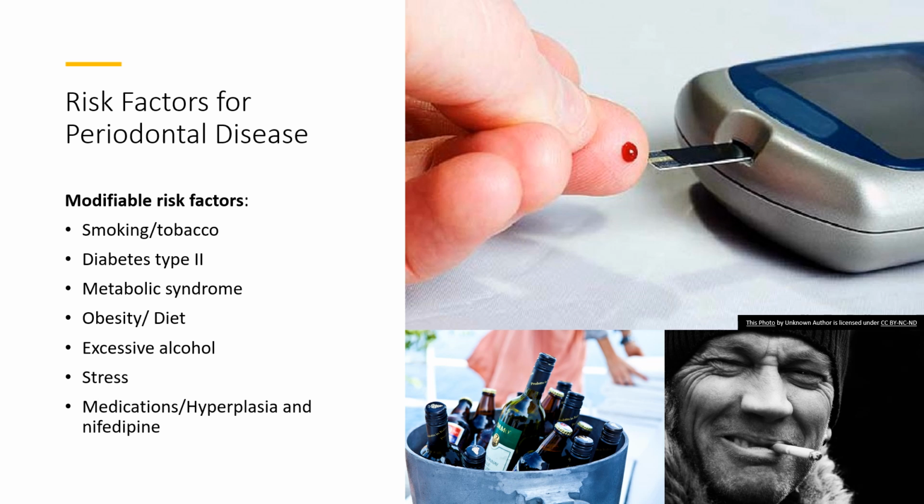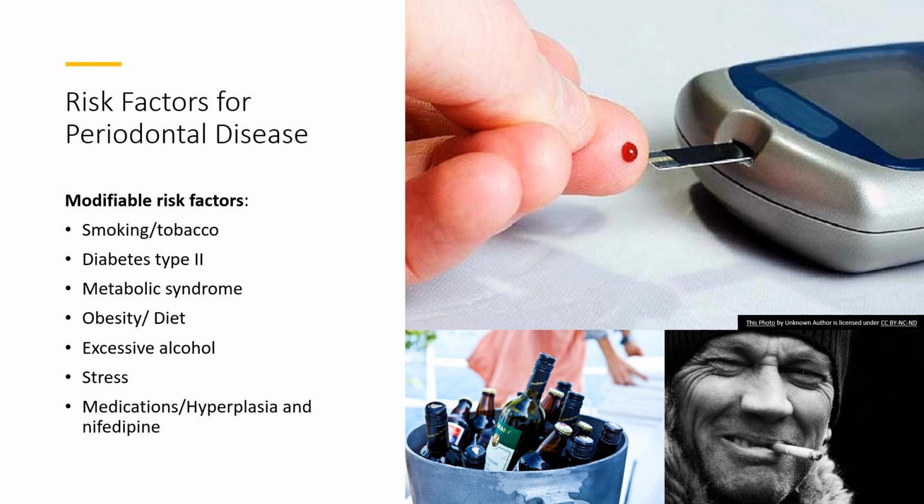Metabolic syndromes include hypertension, excess abdominal fat, and high cholesterol. Odds of having periodontal disease with obesity is doubled. Diet high in carbs can increase the risk due to initiation of inflammatory state, and deficiencies in vitamins can impact healing.